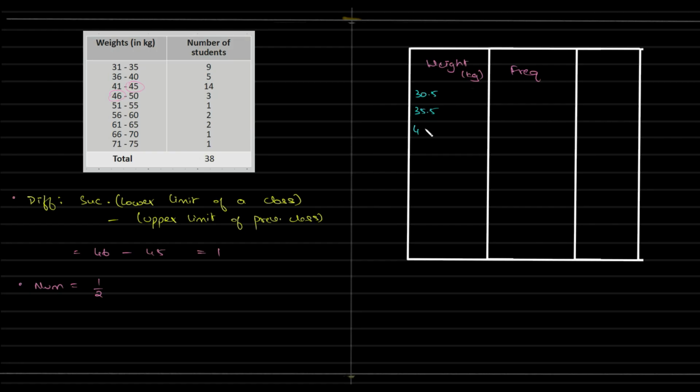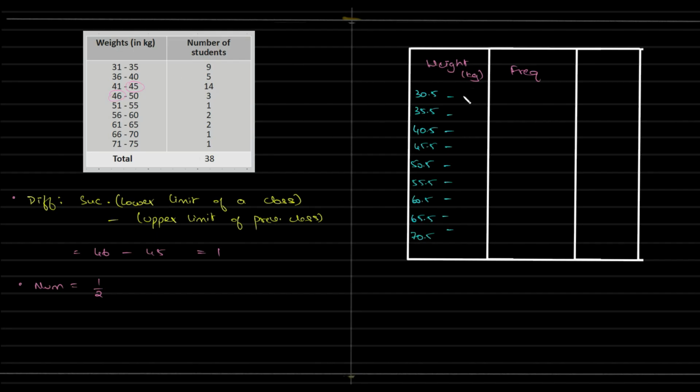This will be 40.5, then 45.5, 50.5. So I hope you guys got the picture. Then this will be 55.5, 60.5, 65.5, 70.5, and that's it. And we should add to the upper limit.